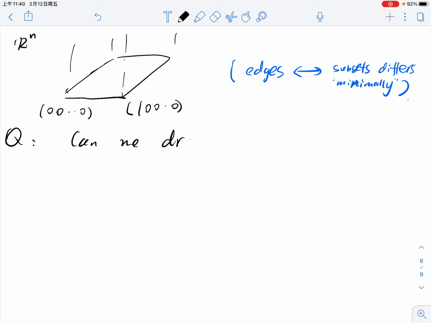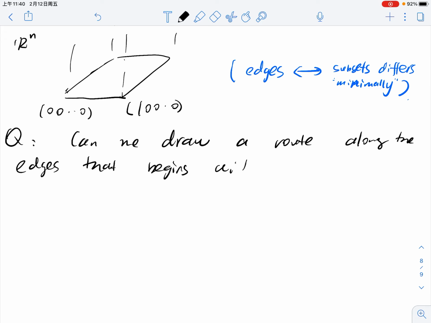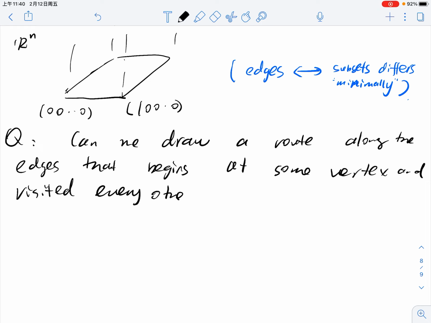Can we draw a route along the edges that begins at some vertex and visits every other vertex exactly once?